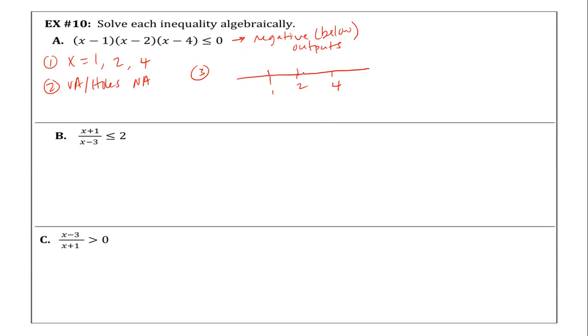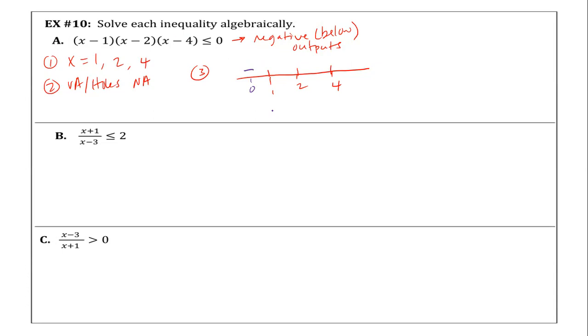So we have to choose values to the left and to the right. A value to the left that we can use is what? 0, right? So if we choose 0 and substitute 0 in, that gives us -1 times -2, which is what? +2. 2 times -4 gives us a negative output, correct?